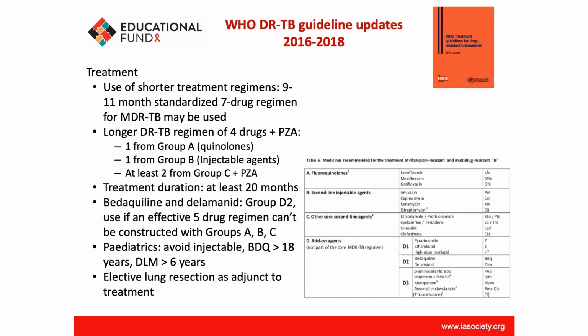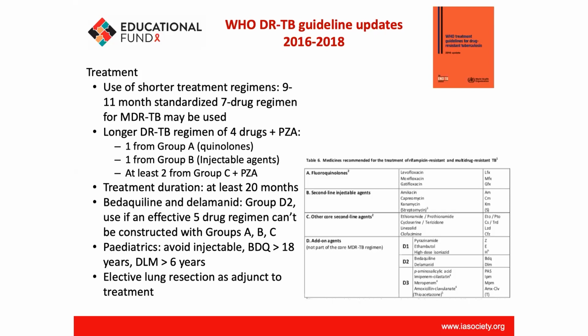So at that time, the fluoroquinolones became Group A, the injectable agents Group B, the other core agents were Group C, and for the first time, bedaquiline and delamanid entered into the drug groupings in Group D2.